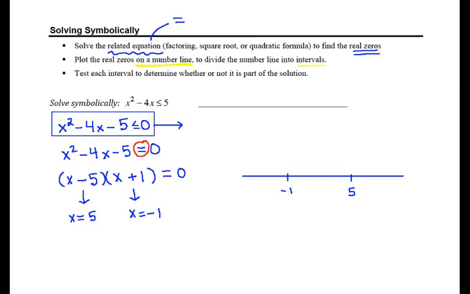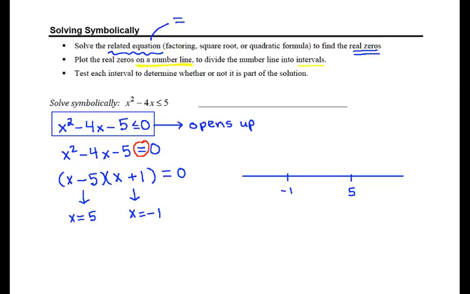The parabola opens up because it starts with a positive leading coefficient. The reason I need to be consistent about what form of the inequality I look at is if I had moved some terms around, I might in some of those forms have a parabola that opens up and in other forms have a parabola that opens down. So I just need to make sure I pick one form to look at for everything involving the number line.